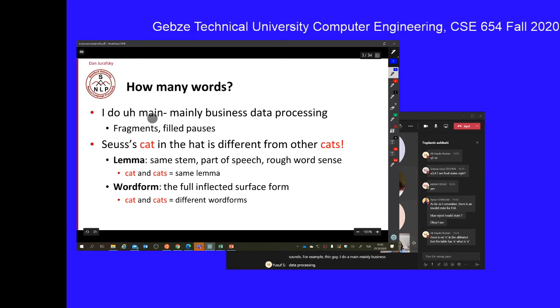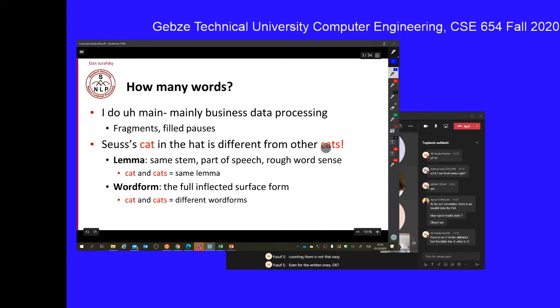This "main" doesn't have any meaning. It doesn't mean anything, but we humans use those kinds of things when we talk. So for spoken languages, finding the words and counting them is not that easy. Even for the written ones.